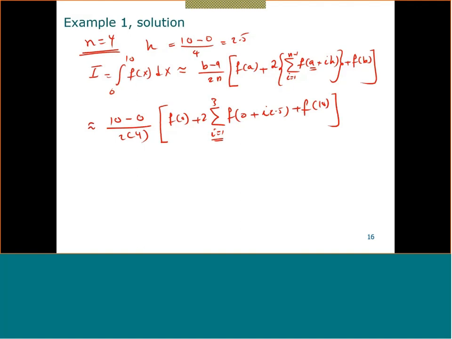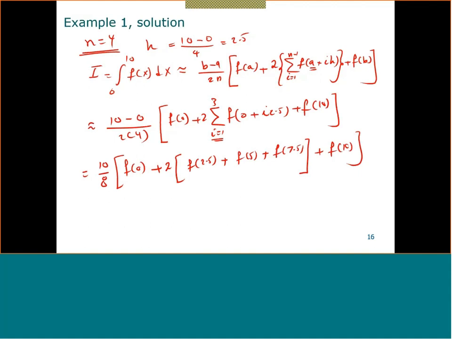So let me open this more. This becomes 10 over 8, f of 0 plus 2, now i equal to 1, so this is f of 2.5, plus i equal to 2, f of 5, plus i equal to 3, f of 7.5, plus f of 10.